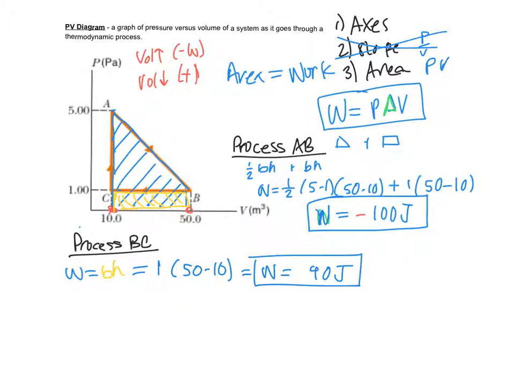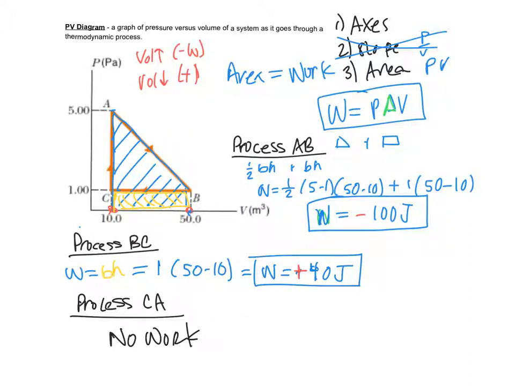From B to C, my volume is decreasing. So if my volume is decreasing, this will be a positive 40 joules. It'll be a positive work value. And then we have one more process, process CA. If I look at that, there is no work done.